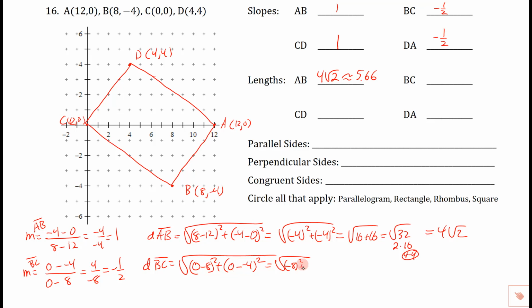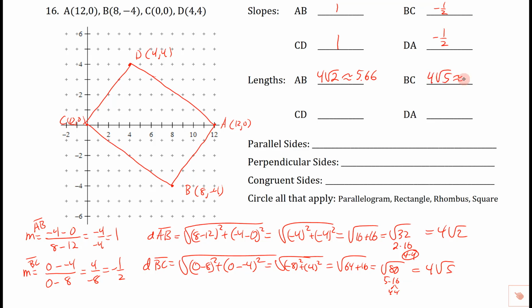And this is going to be 4 squared. So -8 squared is going to be 64. And then 4 squared is going to be 16 again, like we had up above. So this is going to be the square root of 80. So this is 5 times 16, which again is going to be 4 times 4. So we end up with 4 radical 5. So from B to C is 4 radical 5.